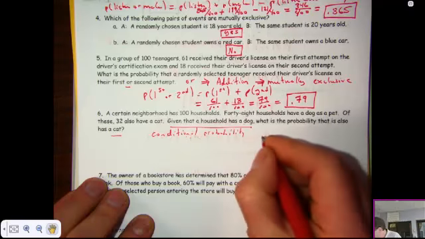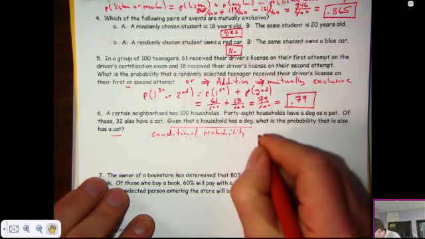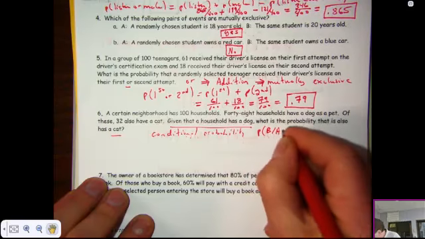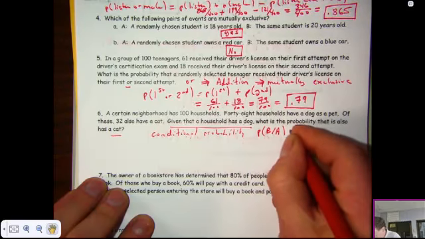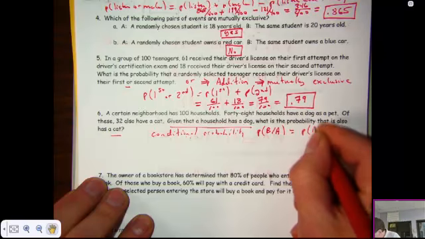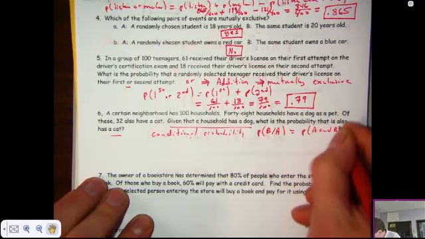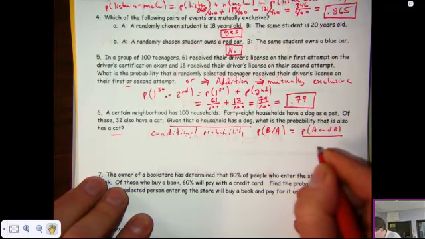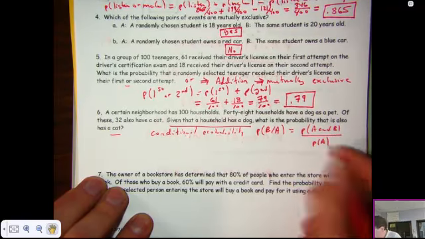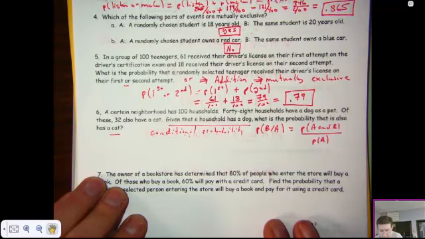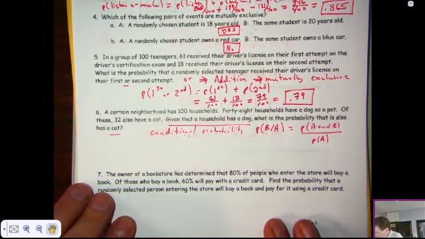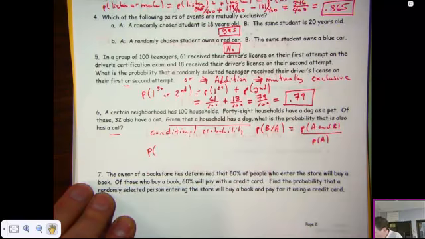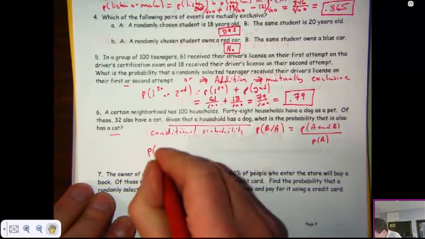So remember the formula: the probability of B given A is the probability of A and B, and you always divide by the probability of the condition that you have, the probability of A. So we want the probability that you have a cat.